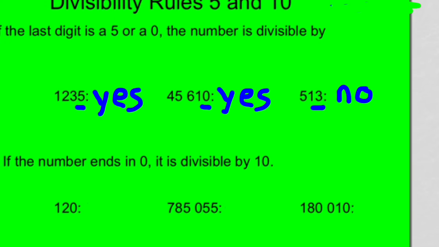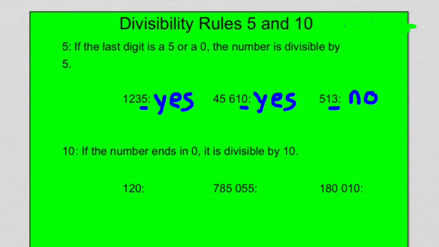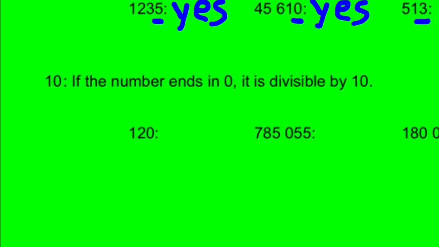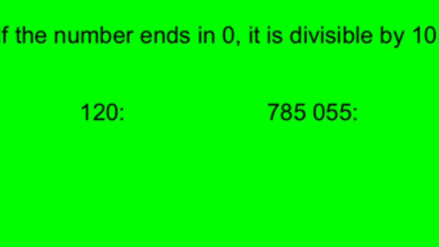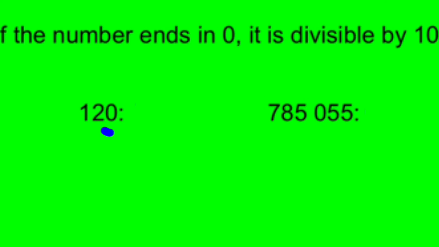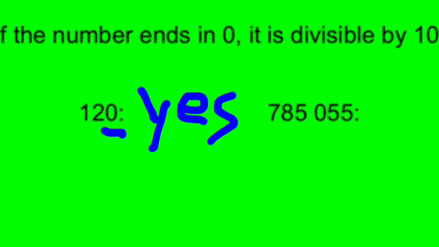So again, the divisibility rule for 5 is similar to the divisibility rule for 2. And then same thing for 10. The rule for 10 is if a number ends in 0, it is divisible by 10. So 120 ends in a 0, that's a yes. That's divisible by 10.